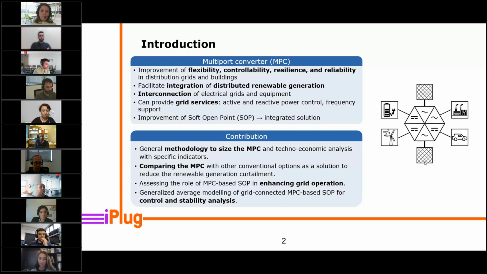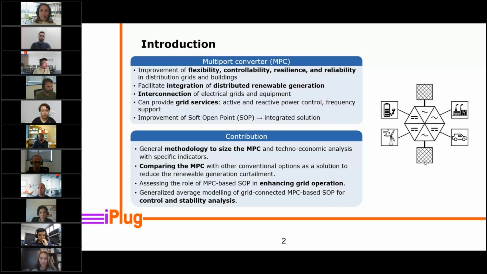From our side, what we have done in iPLUG is basically present a methodology to size this converter based on technical and economical indicators that I will explain later. We have also compared this solution with other traditional ones, like just connecting with a switch or adding the elements separately instead of all together.